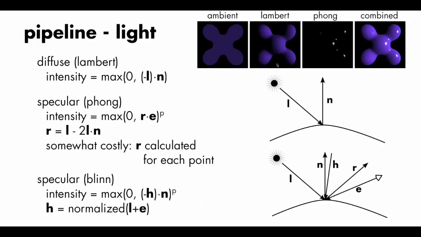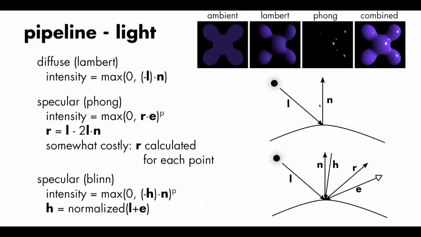It's not very interesting. Lambert is a standard diffuse lighting model, and this one uses the dot product between the normal vector, which is perpendicular to the surface of the geometry, and you typically have to specify it with the model, and the light vector, or actually the negative light vector. Imagine this one pointing towards the light.